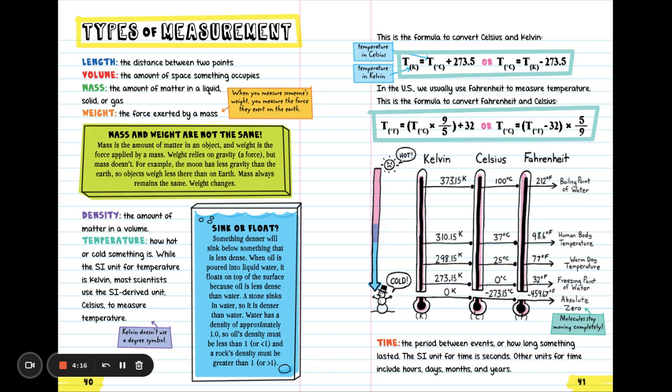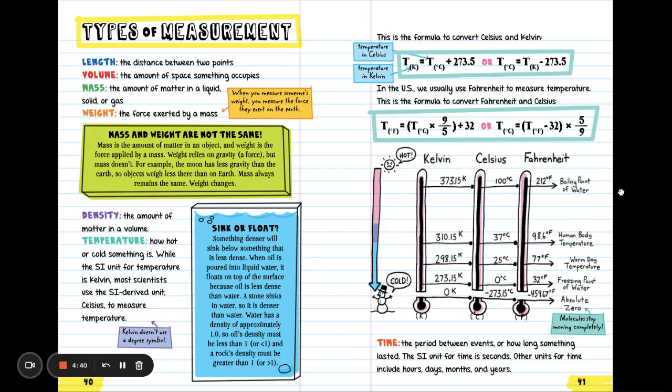In the US, we usually use Fahrenheit to measure temperature. This is the formula to convert Fahrenheit and Celsius. Temperature in Fahrenheit equals the temperature in Celsius times 9/5 plus 32, or temperature in Celsius equals temperature in Fahrenheit minus 32 times 5/9. Notice here the boiling point of water.